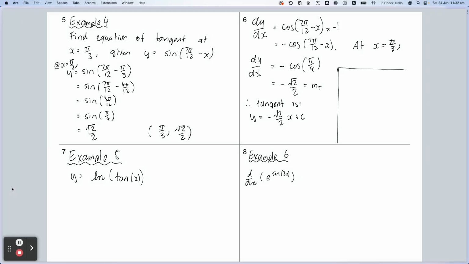But we've got our x and y coordinate. So we've got root 2 on 2 is equal to negative root 2 on 2 multiplied by pi on 3 plus c.